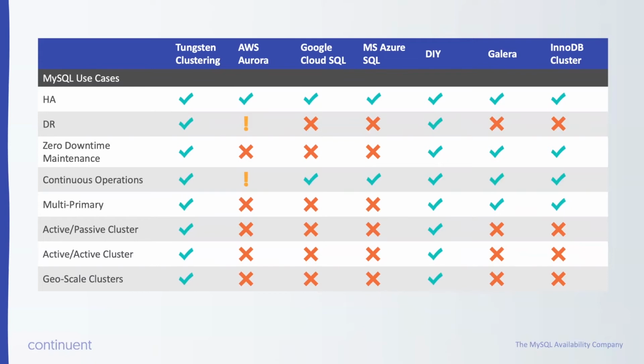You may want to avoid a catastrophic situation in a particular region, and you may need to fail over to another region or another site. Zero downtime maintenance is also important. And I think every DBA has gone through this where there has to be some major maintenance. How is that going to impact the application? Or does it even impact the application at all?